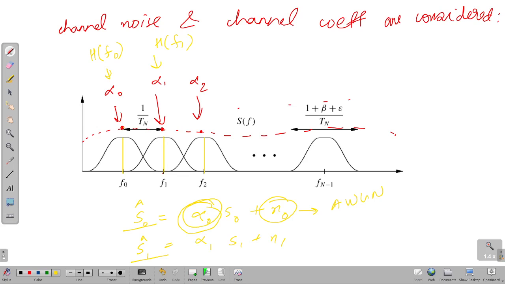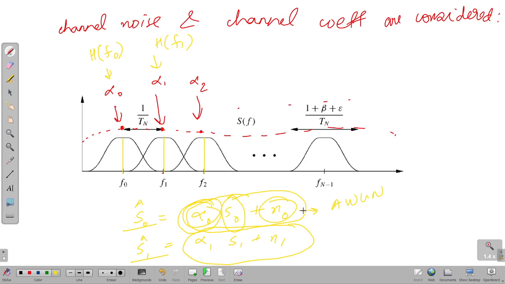Now you can see why S0, S1, all these are written as estimates. You have this cap here which shows that it is an estimate. We are not actually getting S0 here. We are getting alpha naught S0 plus N0, and we are thinking of ways how we can extract S0 out of this. So at the receiver, you have alpha naught S0 plus N0, you have alpha 1 S1 plus N1, and we are thinking of ways how we can extract S0 out of this expression.